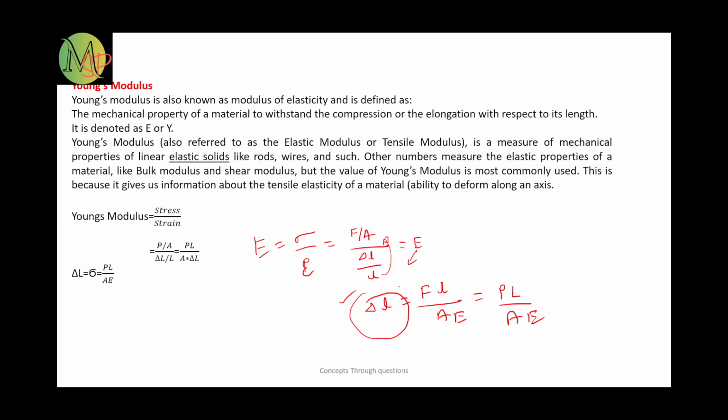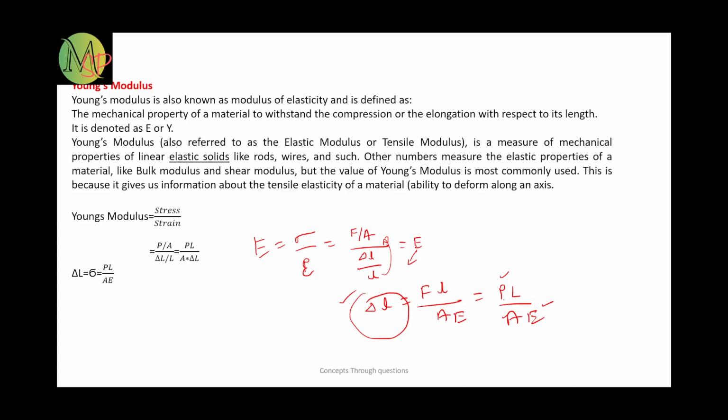So what is the change in length of a body? The change in length of a body is proportional to the force applied and the length of the object, and inversely proportional to the area and Young's modulus. So P L divided by A E. Now in this question, sometimes the force P is given, Young's modulus is given, area is given, so you will be asked to find the change in length of a body.